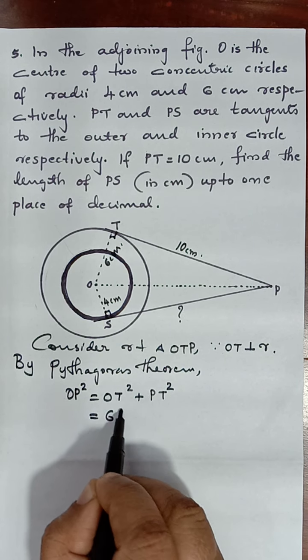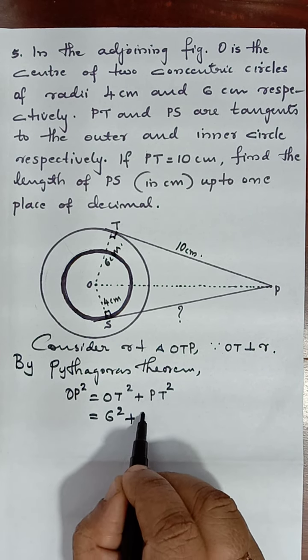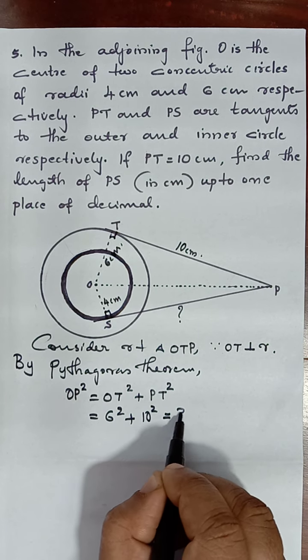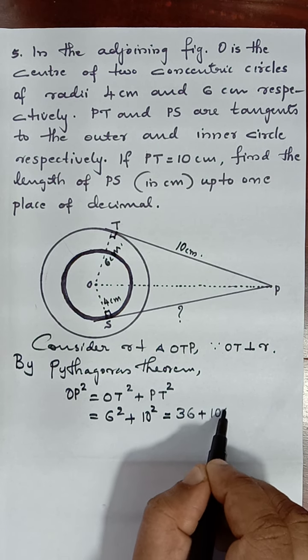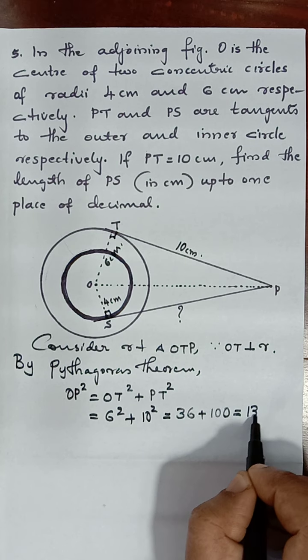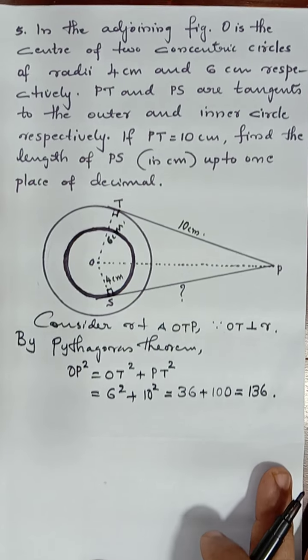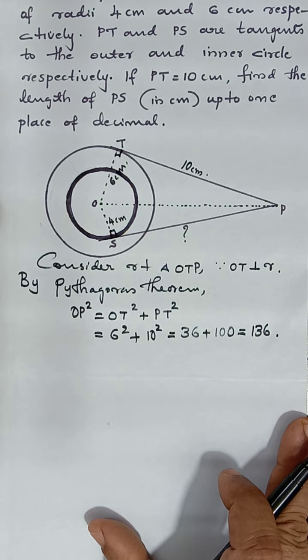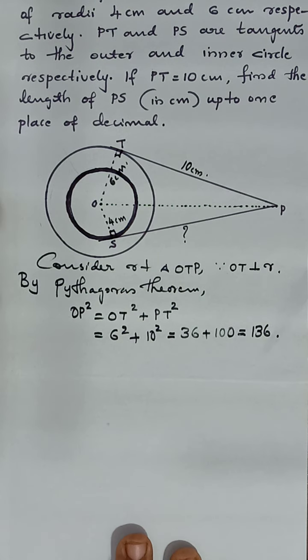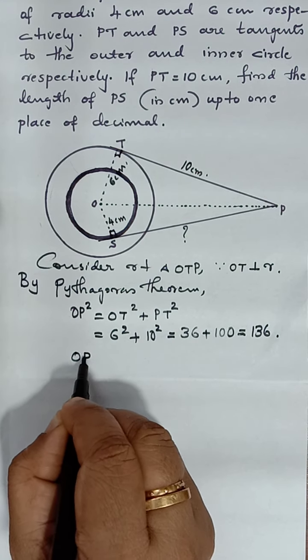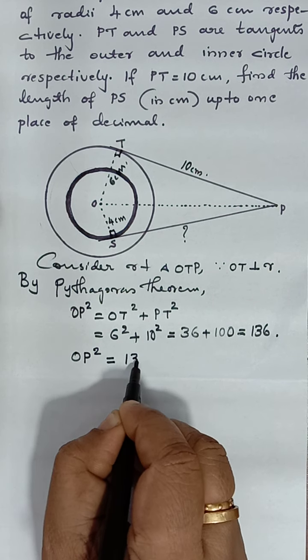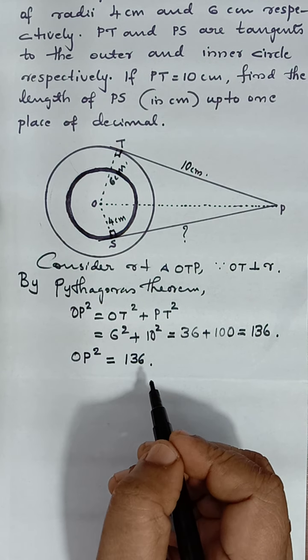OT square is 6 square plus PT square is 10 square. 6 square is 36 plus 10 square 100 becomes 136. So OP square is equal to 136 we are getting.